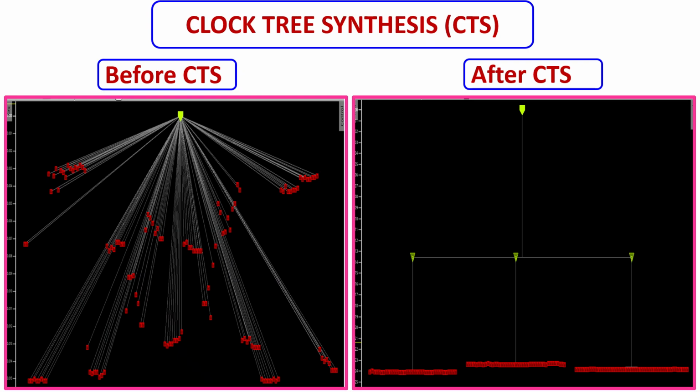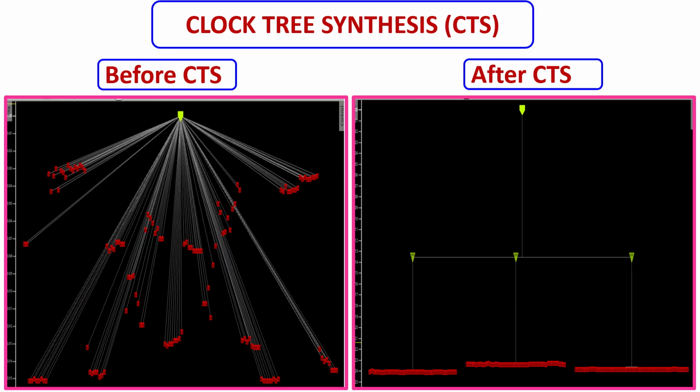Too high latency affects timing badly. CTS controls latency carefully. So this CTS tool builds the tree-like structure, inserts clock buffers, adds inverters if needed, balances path delays, and reduces skew.